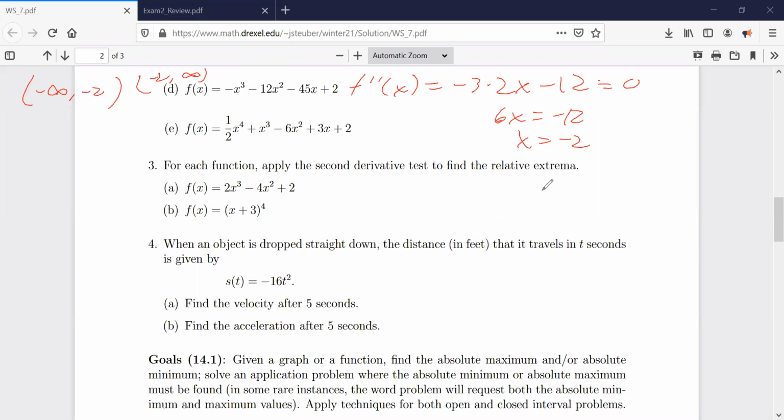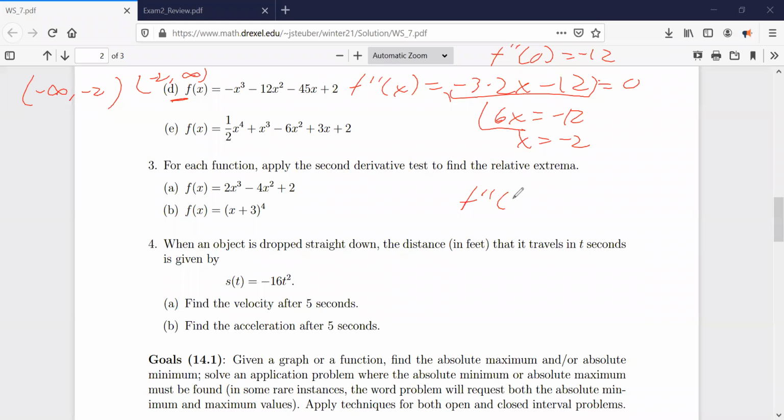So if I plug in 0 into this equation to see if I get something positive or negative, I get negative 12, right? So f double prime of 0 is equal to negative 12. That tells me that this section is going to be negative. And then I'll pick negative 10 on the other one.